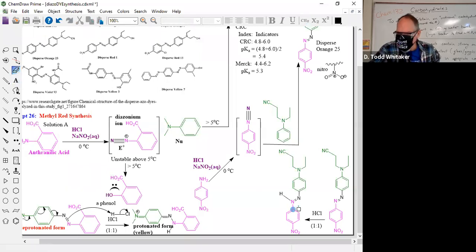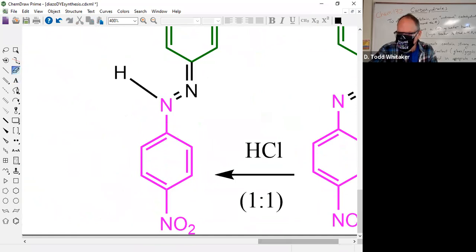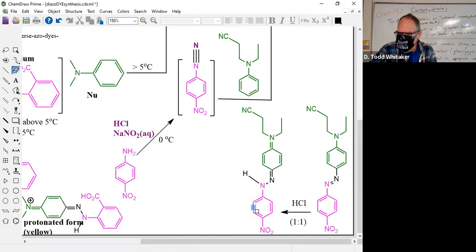Double bonds are not going to be here. I can't erase that double bond unless I go big. It's right there, right? There you go.